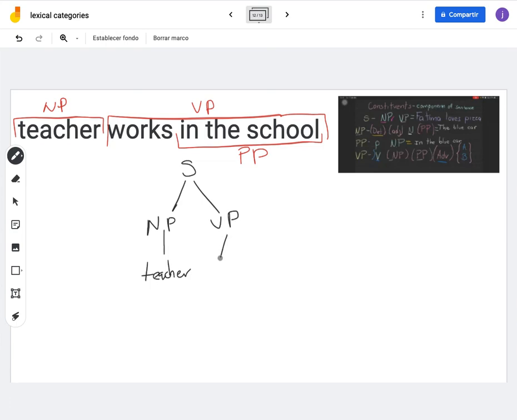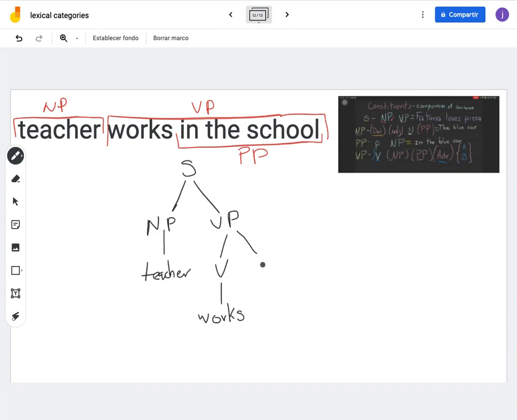In this case, we put two lines. First, we put the verb. The verb is works. Okay. After we have a new element, that is prepositional phrase. Okay, prepositional phrase, it contains a preposition and a noun phrase again.